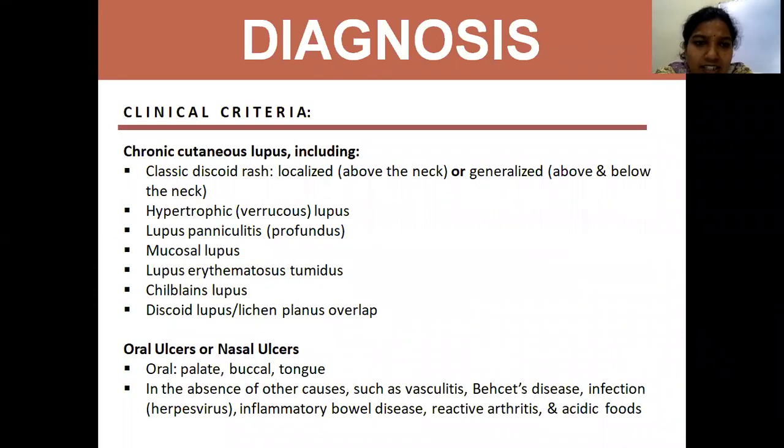Chronic cutaneous lupus, including classic discoid rash, localized or generalized, above and below the neck, hypertrophic lupus, lupus panniculitis, mucosal lupus, lupus erythematosus tumidus, chilblain lupus, that is a red violaceous rash over the face and neck, and discoid lupus.